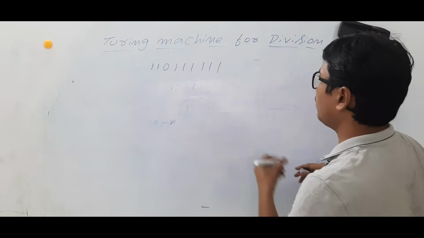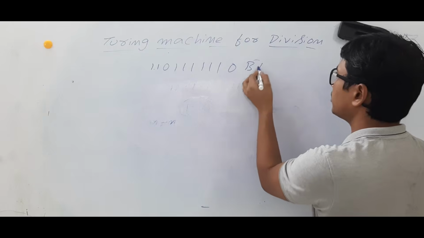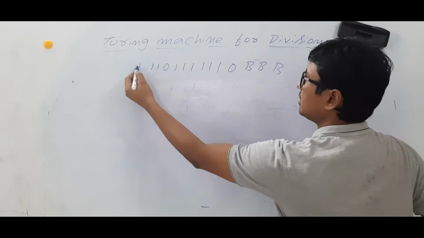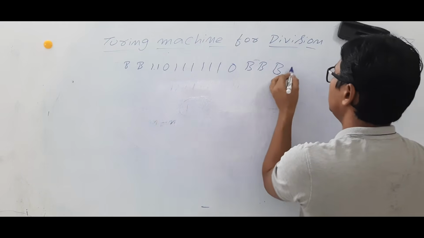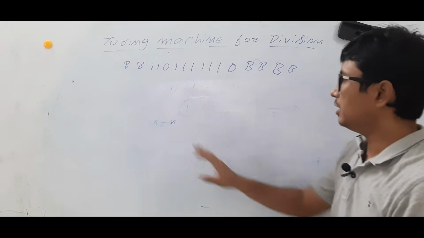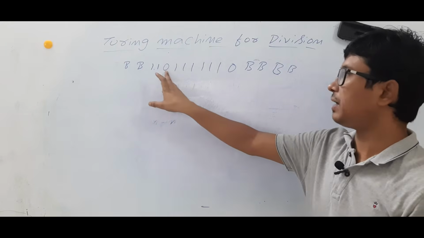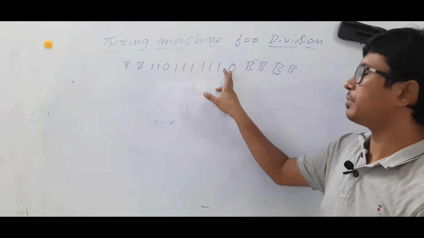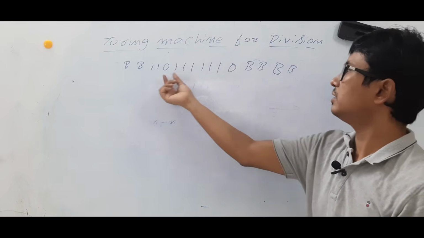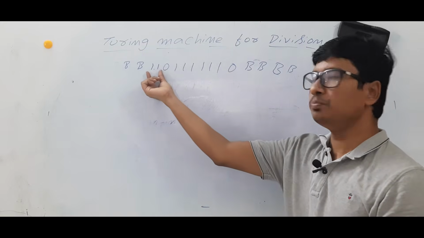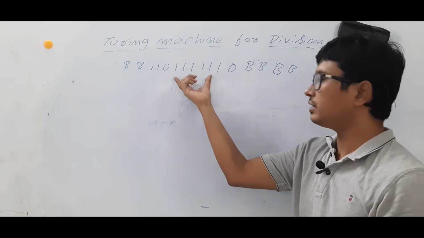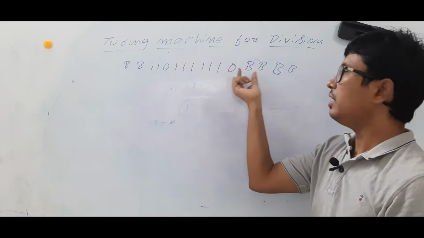Then you will have a 0 and a certain number of blanks are there. In front also, on the left hand side, you will have blanks. So input separated with a blank, and again another input separated with a blank: input, 0 separator, and then input, 0, and then blanks.